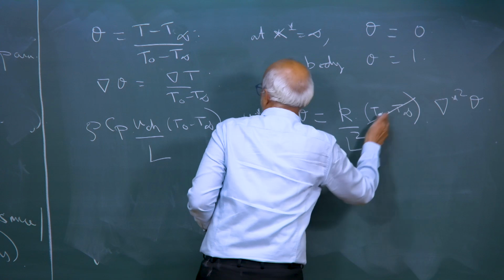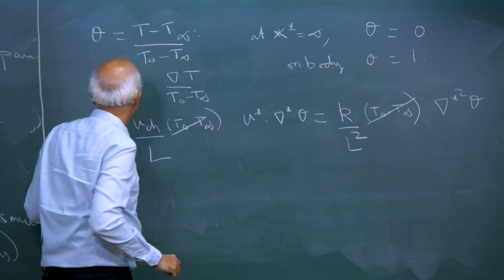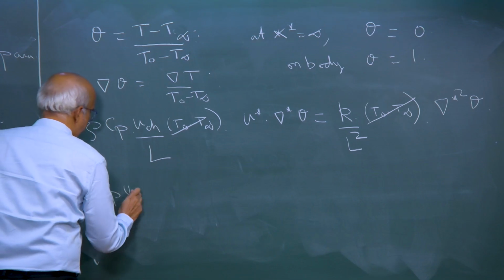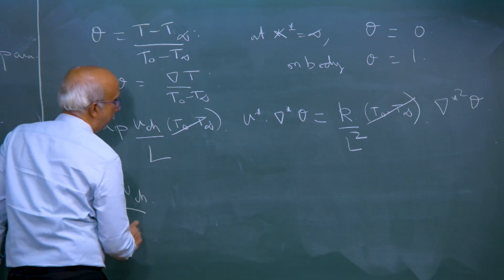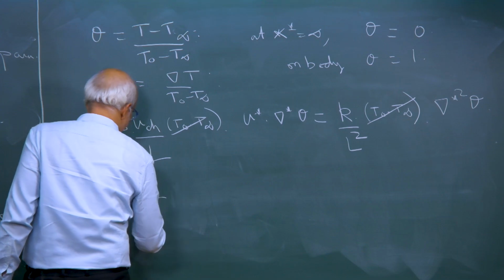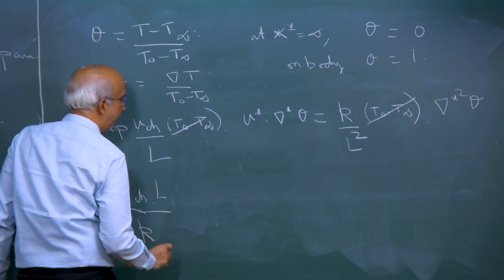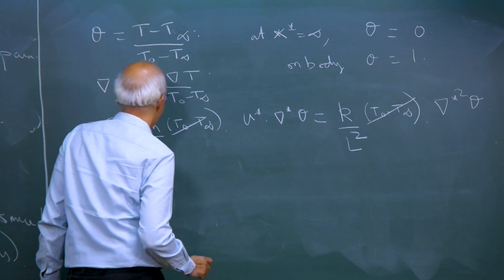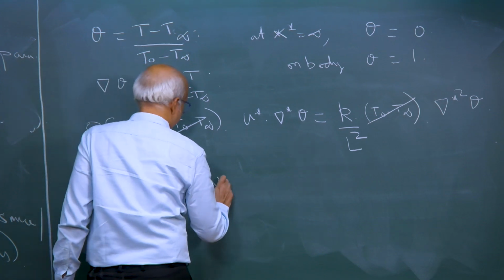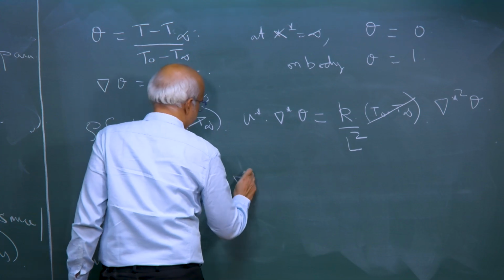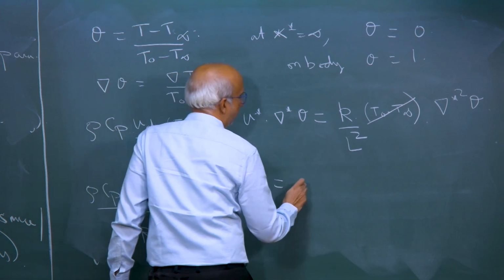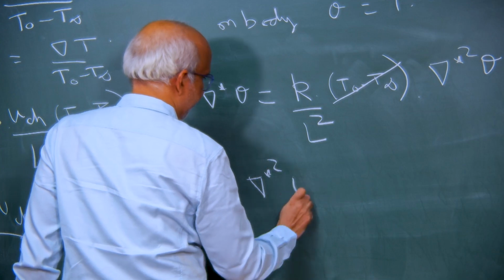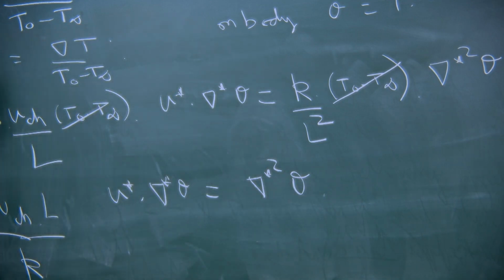T naught minus T infinity cancels on both sides. I have rho Cp u characteristic by L multiplied by L squared divided by k, times u star dotted with del star theta, equals del star squared theta.